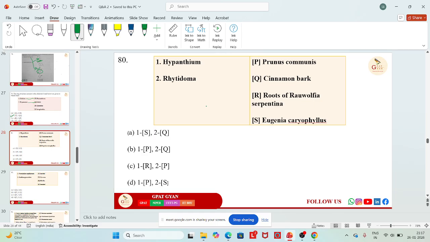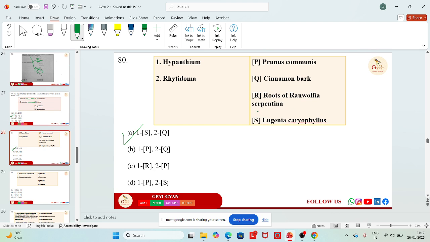Hypanthium is present in Eugenia caryophyllus, and rhytidoma is in cinnamon, as you told. So option A. Yes, option A will be the right answer.